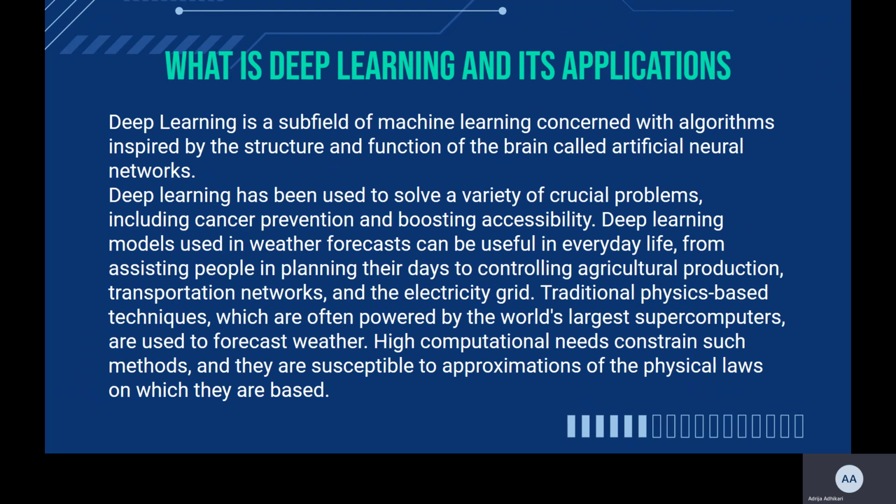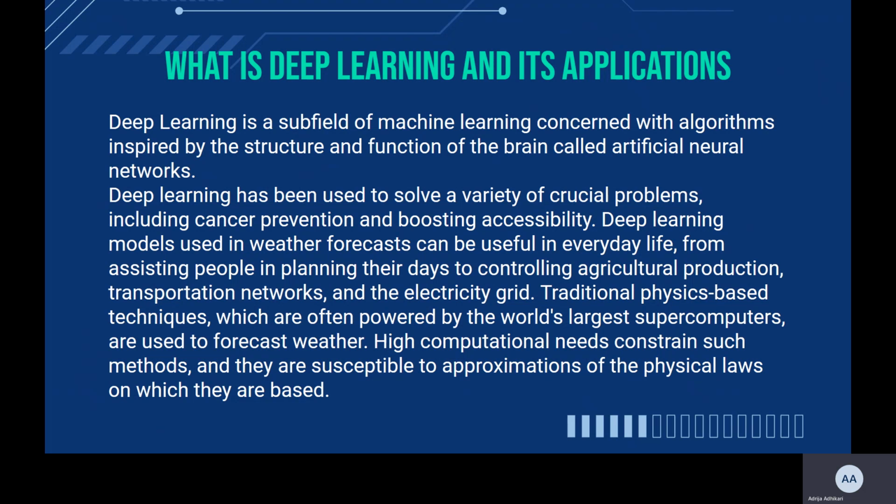So moving ahead, what is deep learning and what are its applications? Deep learning is a subfield of machine learning concerned with algorithms inspired by the structure and function of the brain called artificial neural networks. It has varied uses across all spheres of science and also an immense number of uses in our daily lives as well.